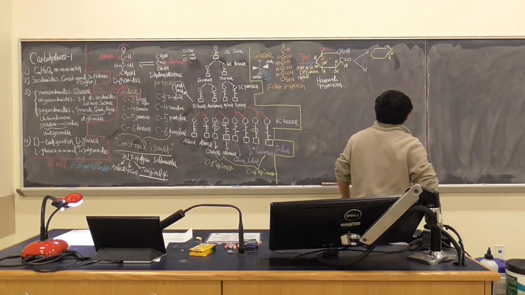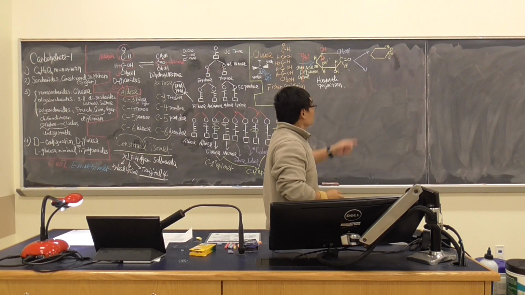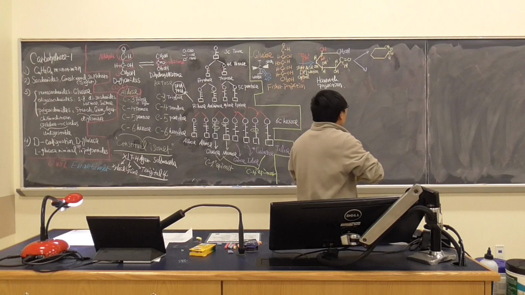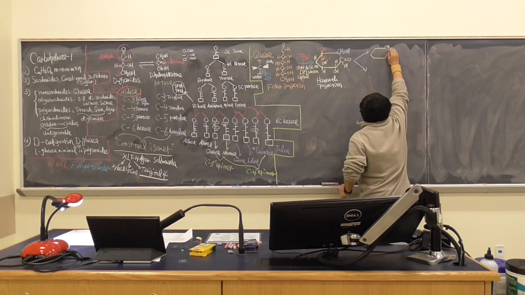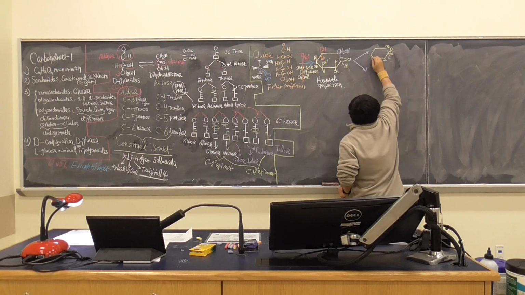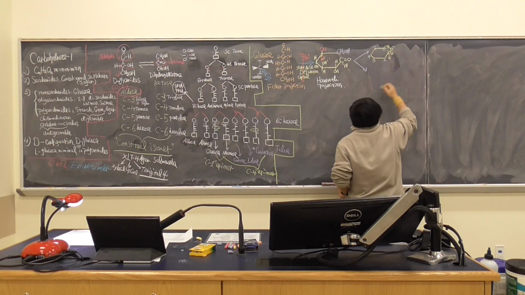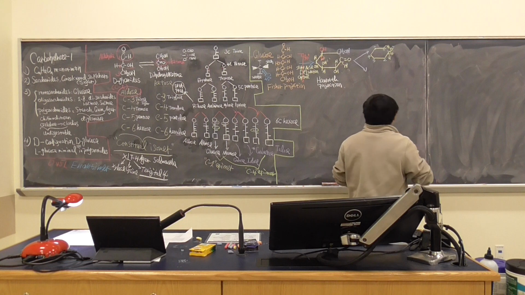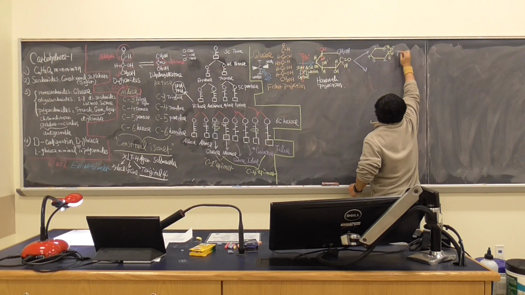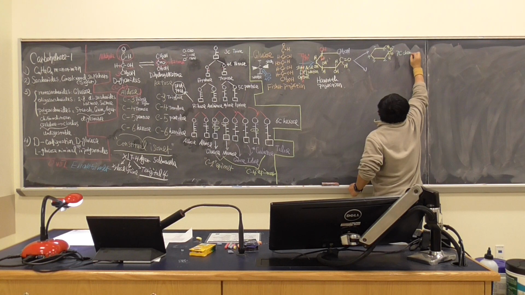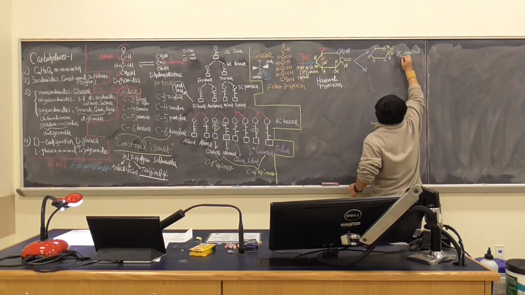They become like that. What is that one? If you count 1, 2, 3, 4, 5, 6, 7, this is a 7 carbon ring.